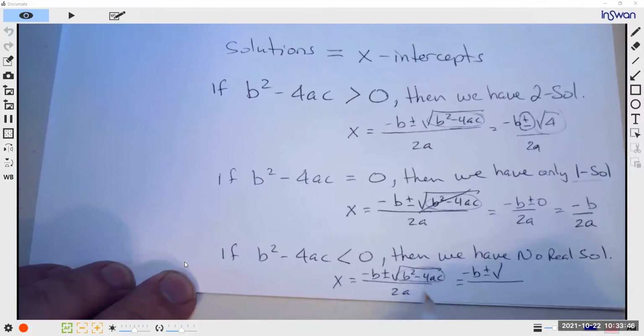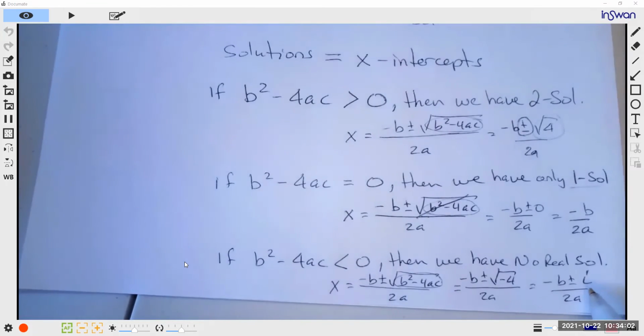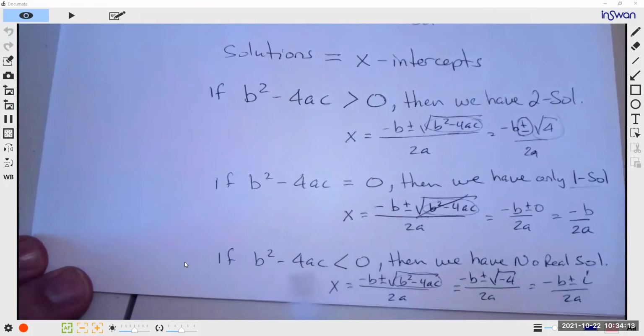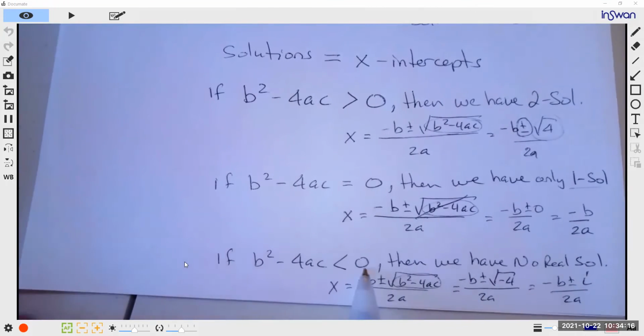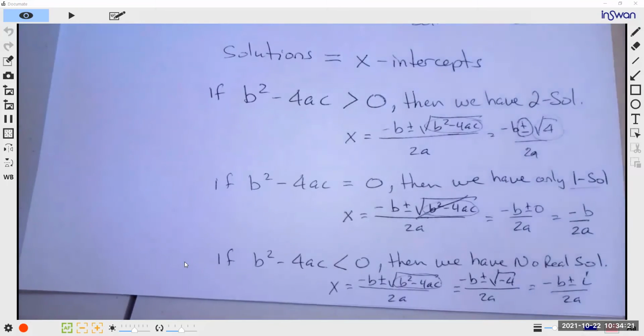So if inside here, the discriminant, is negative, less than 0, the square root of a negative number is imaginary. Once it's imaginary, we don't have a real solution anymore. If you work out b squared minus 4ac and you get a negative number, you don't have to do the quadratic formula, because it's going to be imaginary.